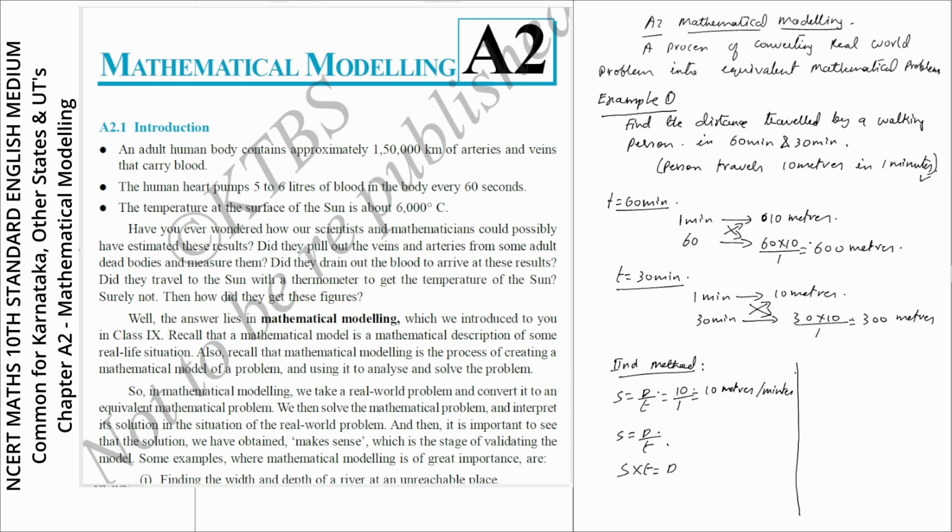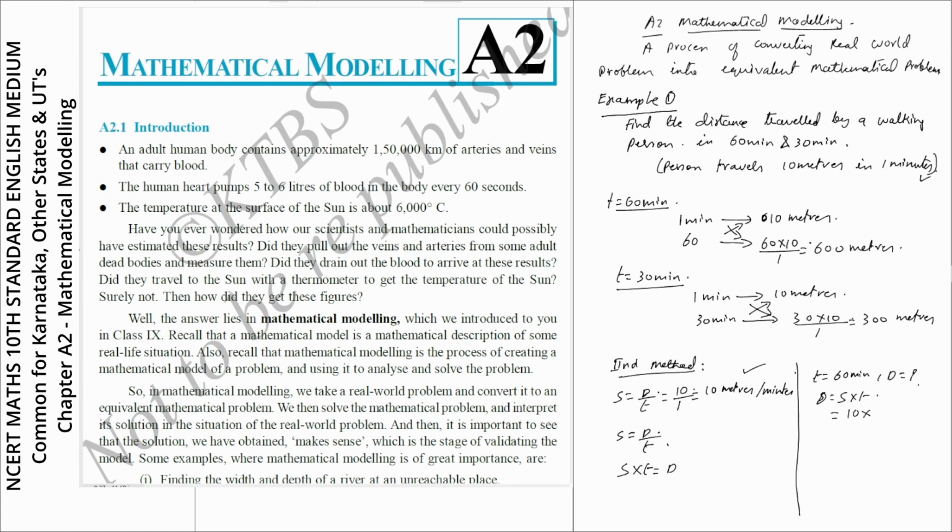Therefore when I cross multiply I'll get speed into time is equal to distance traveled. So in the first case, for time equal to 60 minutes, I should find distance. Distance is equal to speed into time taken. We know that speed is 10 meters per minute.